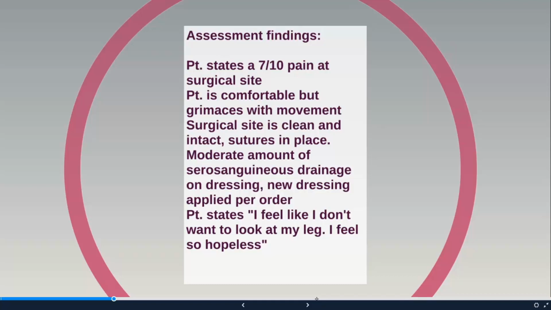By clustering our data, remember we found that pain was one, risk for infection was one, and maybe a psychosocial one such as depression, hopelessness, or powerlessness would be another. I'll show you how to look those up in the Nursing Diagnosis Handbook to identify some NANDAs that match with those, and then we can move forward.